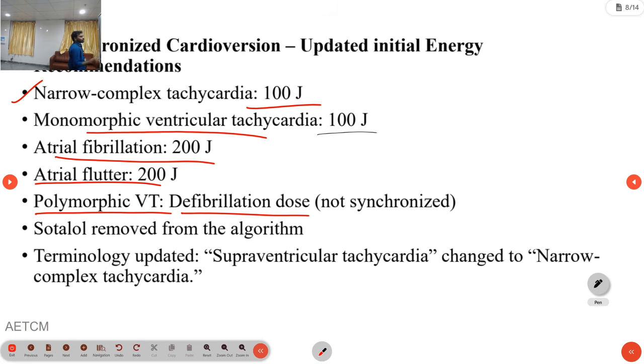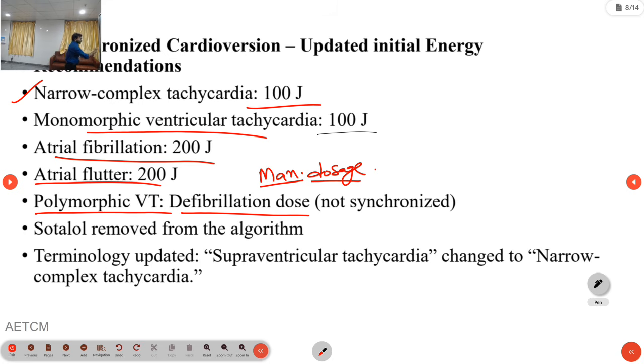Defibrillation dose means the maximum dosage available on the defibrillator; we can select the maximum amount of energy, charge the defibrillator and discharge. So if you have polymorphic ventricular tachycardia, go ahead with the defibrillation dose or the maximum joules of energy available on the defibrillator.